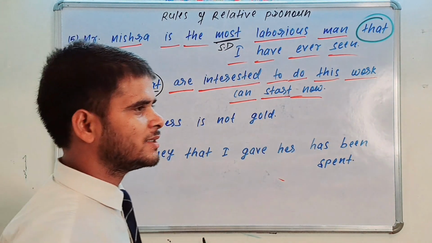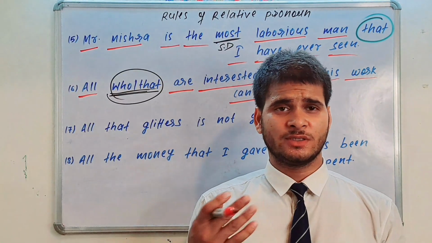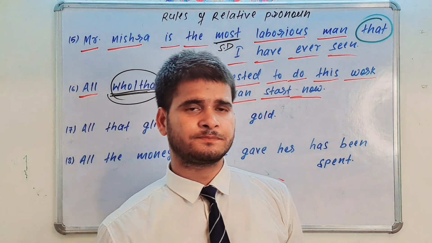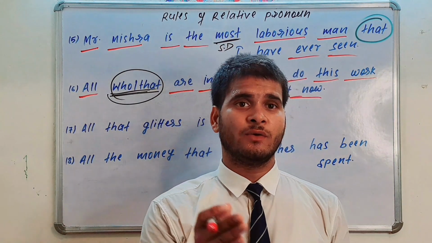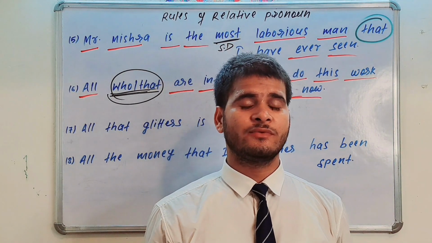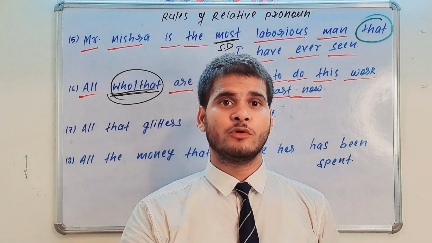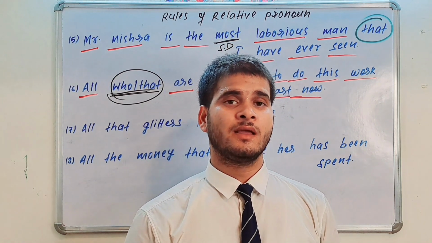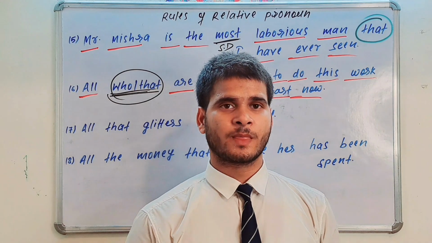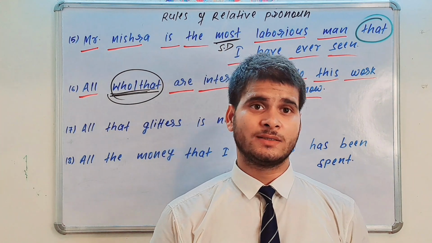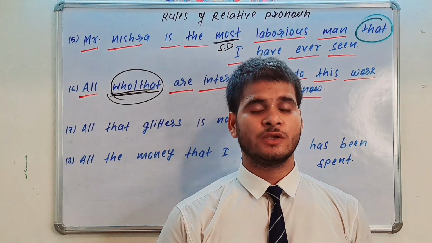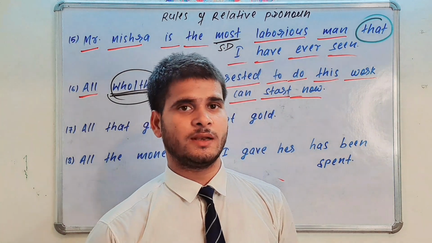Here, what is that fifth rule? Try to understand the fifth rule here. If the word all is used only for persons, then after that we can use who or that. Both can be used. You can use either who or that.